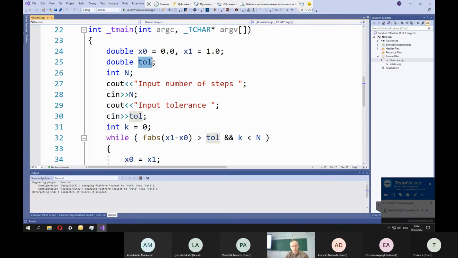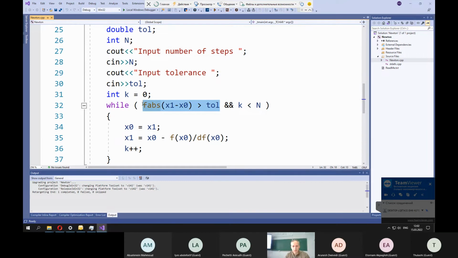Exactly according to the pseudocode, we should introduce tolerance and number of iterations. It can be assigned in the program or input from the keyboard.